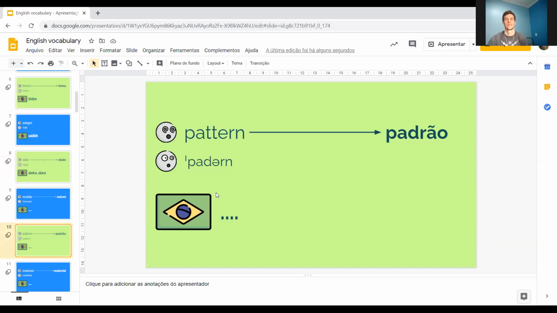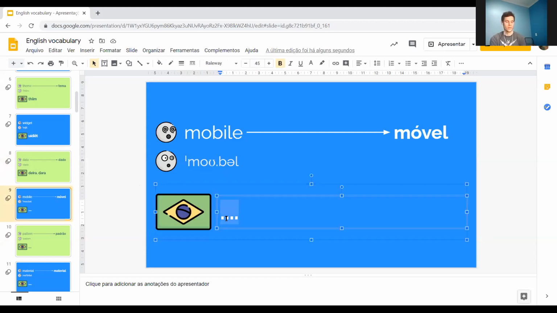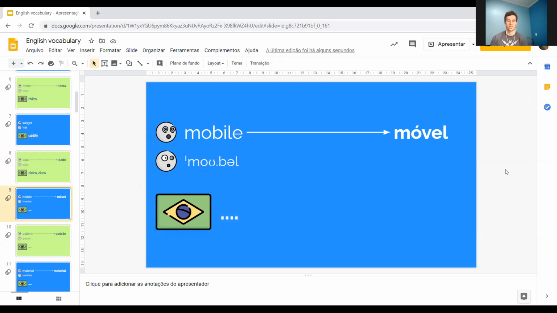Next one. This one I know how to pronounce. The first one is mobile, and the second one is mobile. Which one is right, or none of these? Well, this is another one that has two acceptable pronunciations.